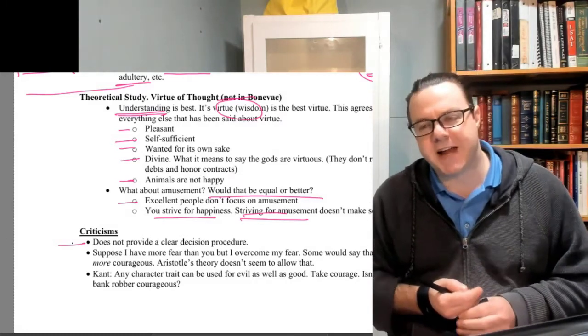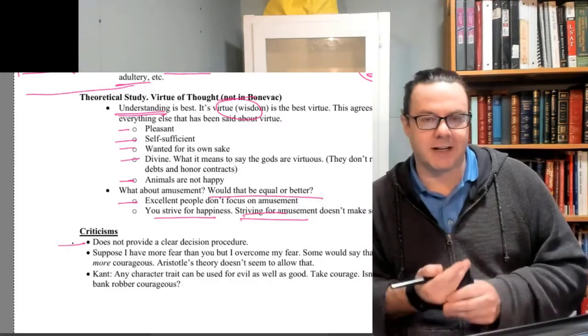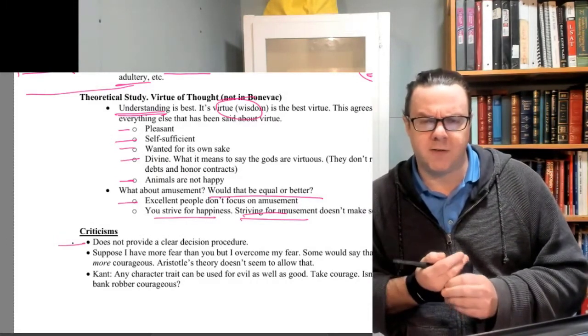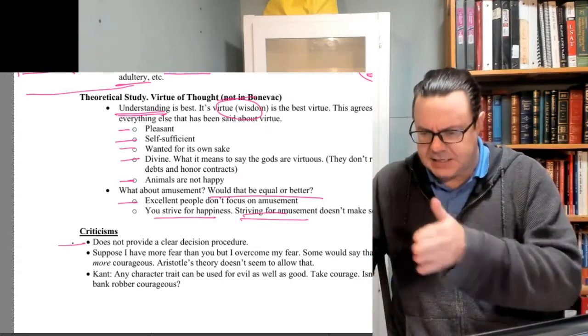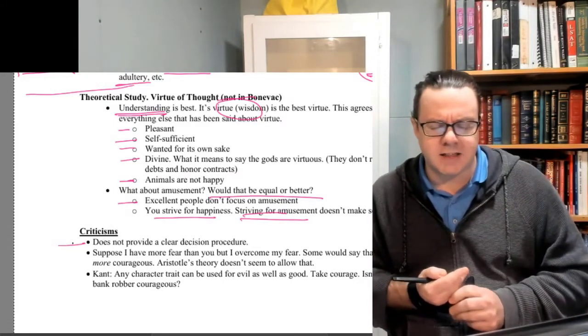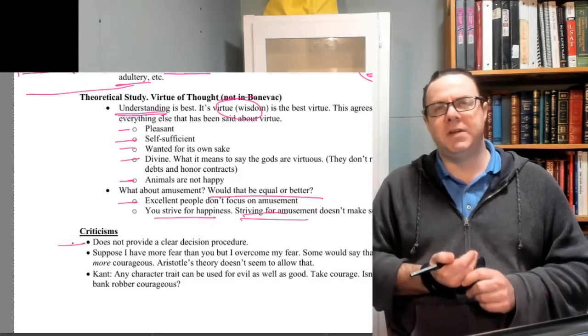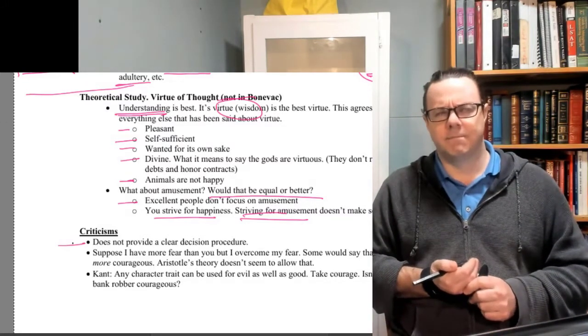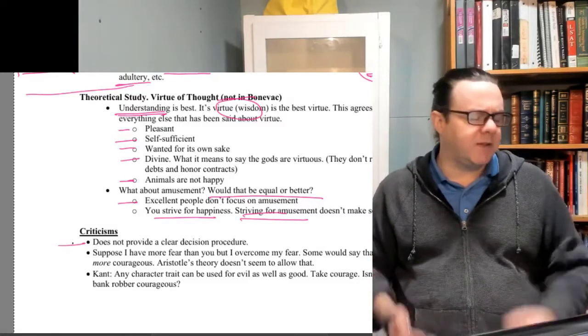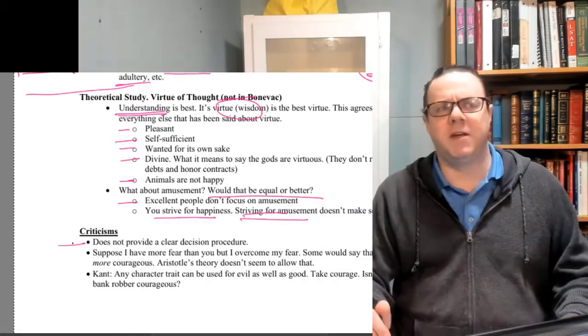Imagine asking Aristotle, okay, should I distribute this vaccine to people or not? It has these side effects and so on. And the advice he seems to give is, well, be generous. Okay, but specifically, what should I do? Be generous.